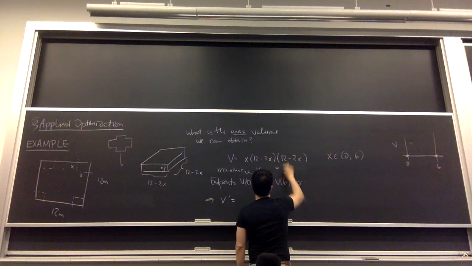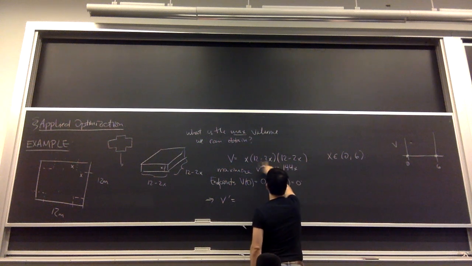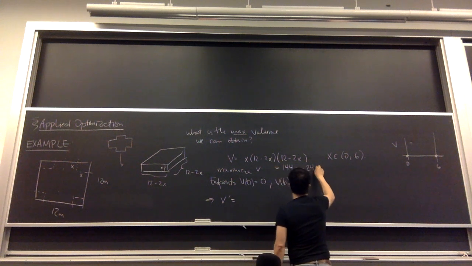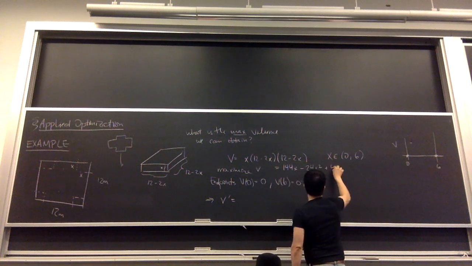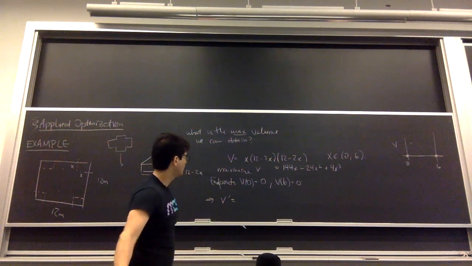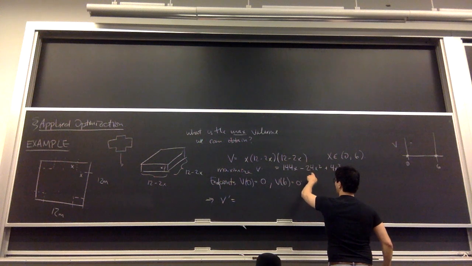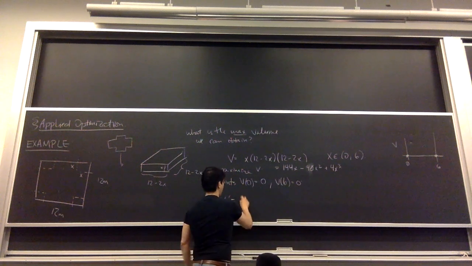And then this is just 12 minus 2x squared, so the middle term is minus 24x. Oh, no, 48. Did I do this right? Double the product of the middle. Yes, so that's 48, not 24.